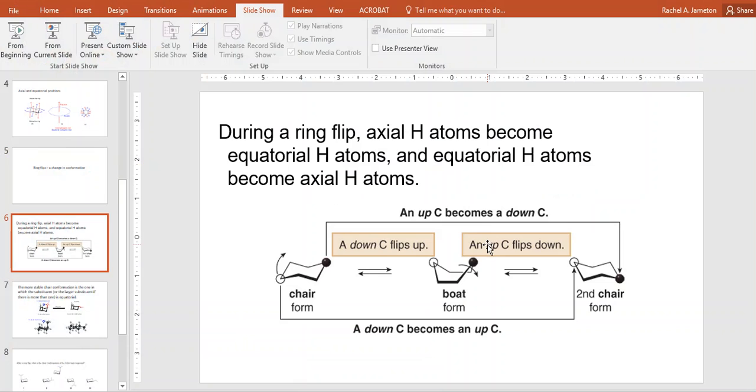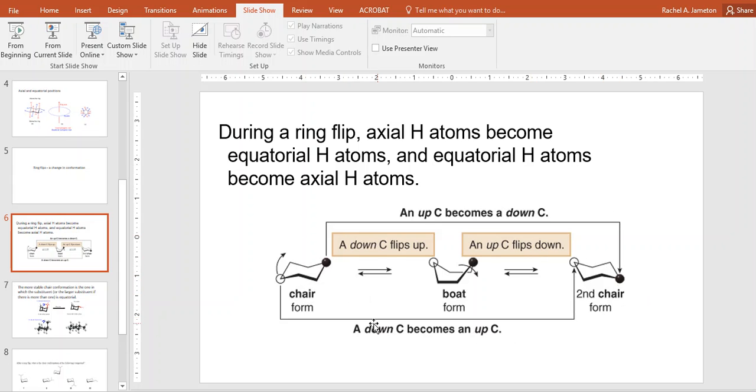All right. So this is just another way of looking at that without all of the hydrogens, so you can see the backbone of the cyclohexane a little bit better. Notice that if the carbon was down, it goes up, and if it goes up, it gets pushed down as we flip from one chair conformation to the other chair conformation.